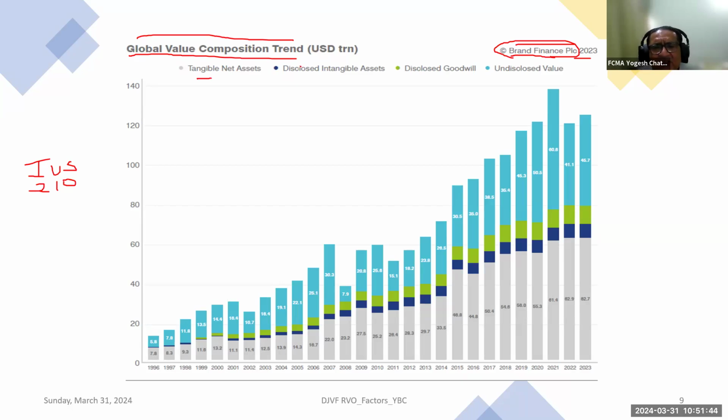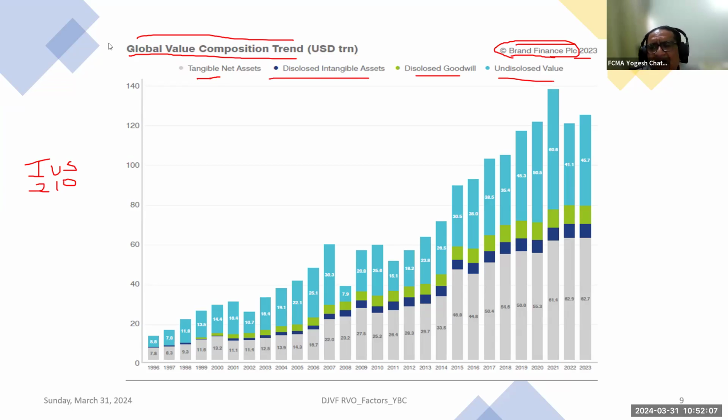Global value composition means the value of all the listed companies in the world. That is divided into disclosed tangible assets, disclosed goodwill, and undisclosed value of the intangible assets.